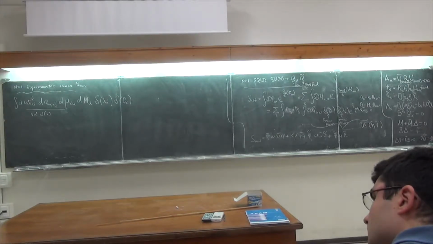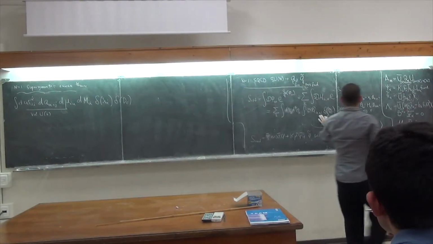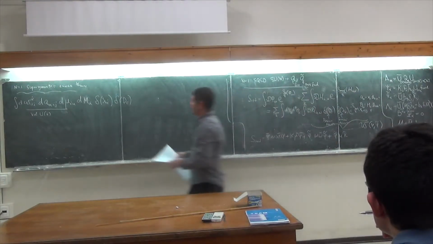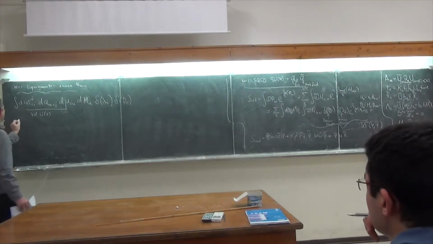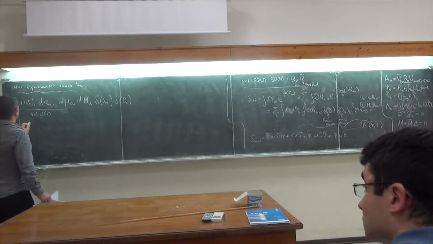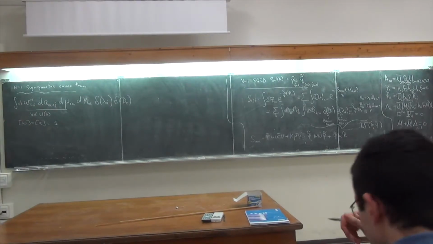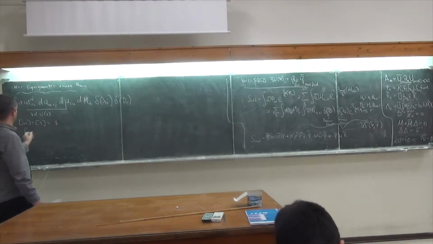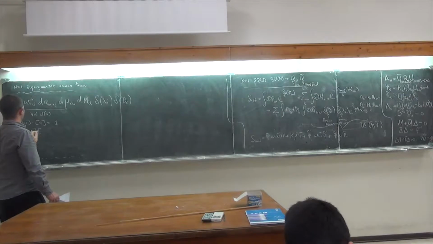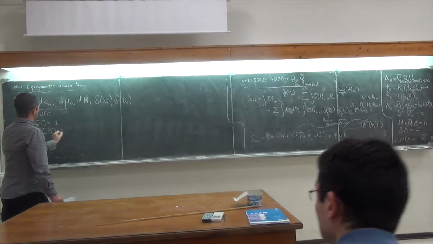What is the dimension of this? We want this action. Let's say the length dimension of a boson is 1, and a fermion, mu or n, is 1/2.